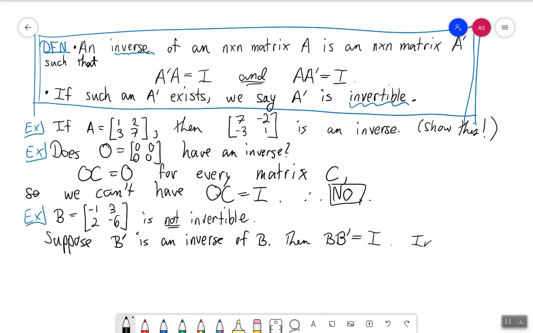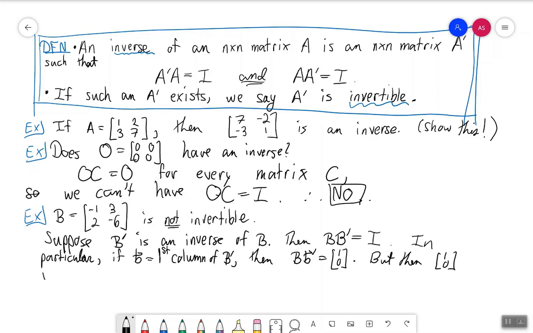In particular, if little b here is the first column of B prime, then B times B prime, using the partitioned matrices we talked about last time, would have to be [1, 0]. [1, 0] would be a linear combination, again, using what we talked about in the partitioned matrices mini lesson from last time, of the columns of B. But this is false.